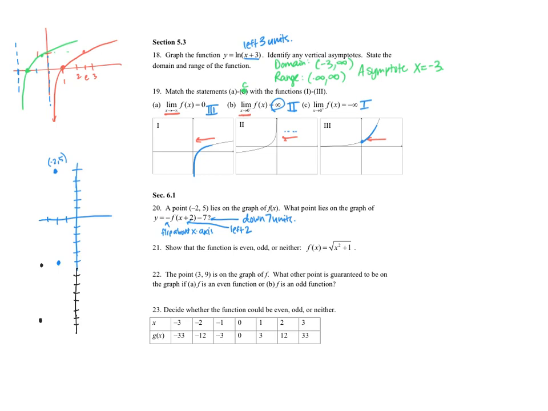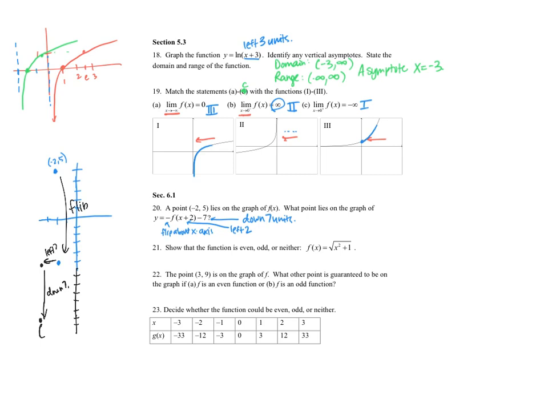Okay. So I took my point, I flipped it about the x-axis here, and then I went left 2, and then I went down 7. And so what are the coordinates of my point here?